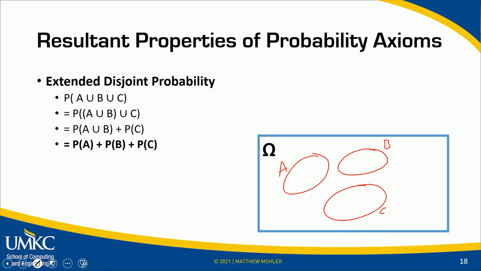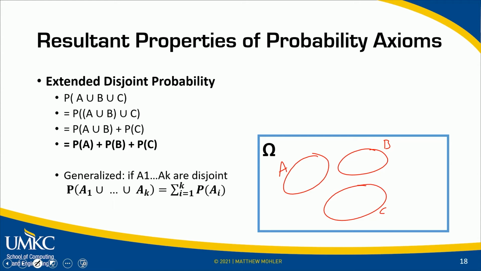So we're just using that same axiom that we developed in the previous section of this lecture and extending it to multiple disjoint probabilities, or more than two events. And if we generalize this, we can actually go so far as to write a pretty ugly to look at but very powerful equation, which is that the probability of A sub 1 unioned with all of the individual A sub i's up through A sub k is equal to the sum from i equals 1 to k of the probability of A sub i.